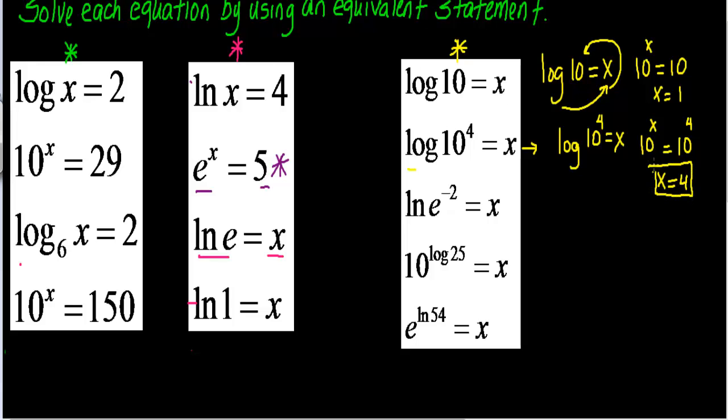Now, I want you to look at these two exercises. Notice, whenever my base is equal to the base of the argument, like in these two cases, then the answer is going to be your exponent.